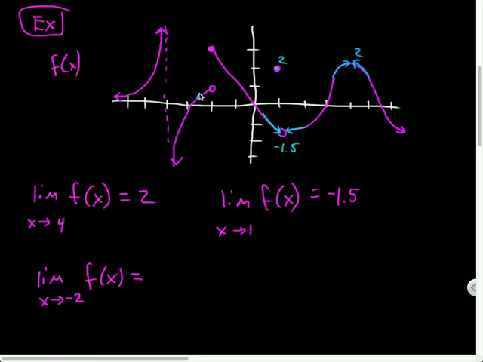Now, from the left, this appears to be approaching 1. And from the right, it appears to be approaching 3. It exists there. So just in terms of review, is this continuous at x equals negative 2?